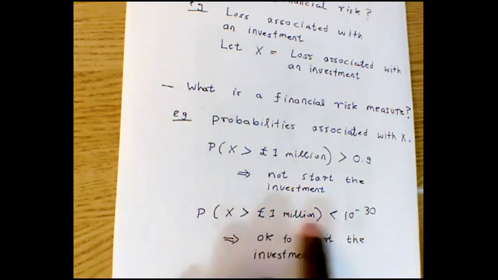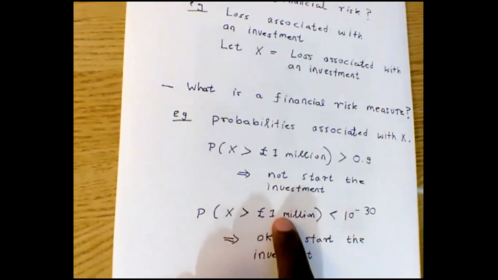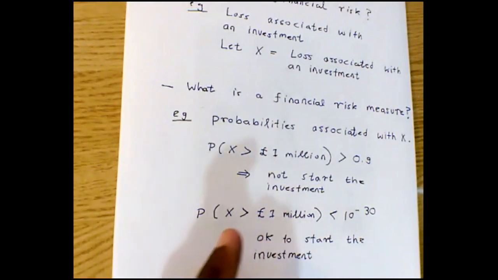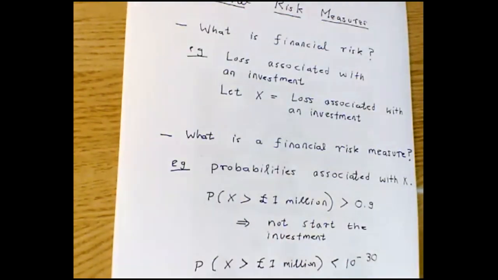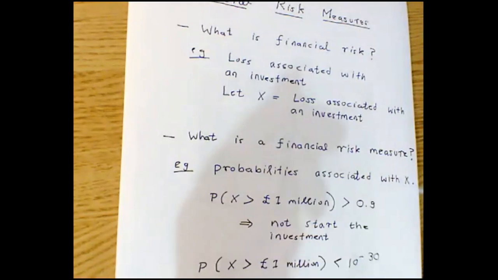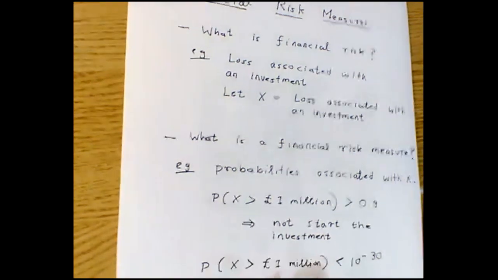There's always going to be a probability for this. The question is how large or how small it is. You can think of financial risk measures as measures that give you guidance about whether to invest or not to invest.